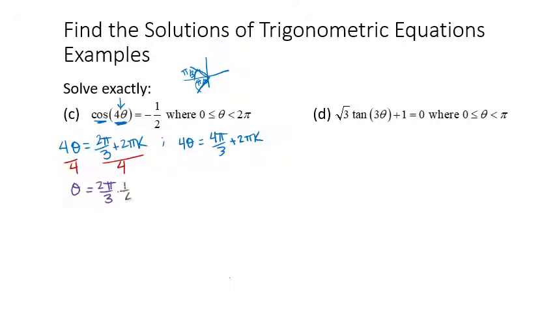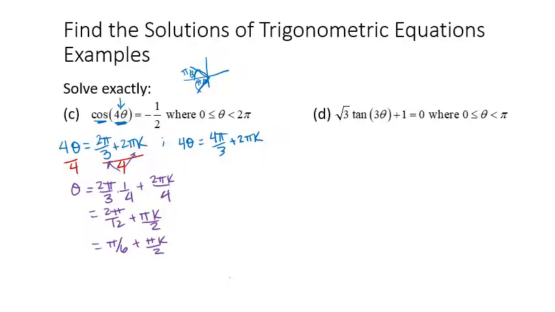Okay, so we are left with theta equals 2 pi over 3. Dividing by 4 is the same thing as multiplying by 1/4, plus 2 pi k divided by 4. You have to take that 4 and divide it to each term. So that gives us 2 pi over 12 plus pi k over 2, which is pi over 6 plus pi k over 2. Okay, same kind of deal over here.